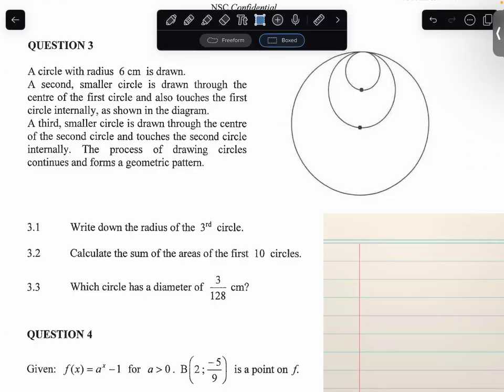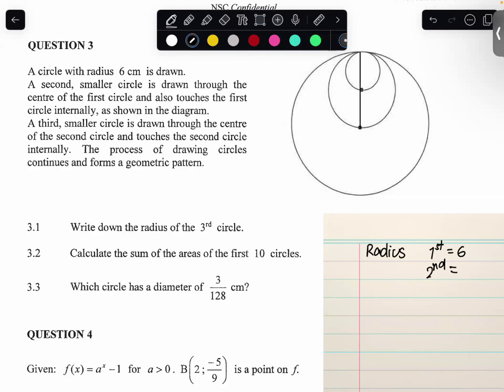So this one. Sorry, they want the radius of this circle, right? So the radius of the first circle is 6. It's given to me. The radius of the second circle is going to be half of that. So this is the radius of the first circle, right?